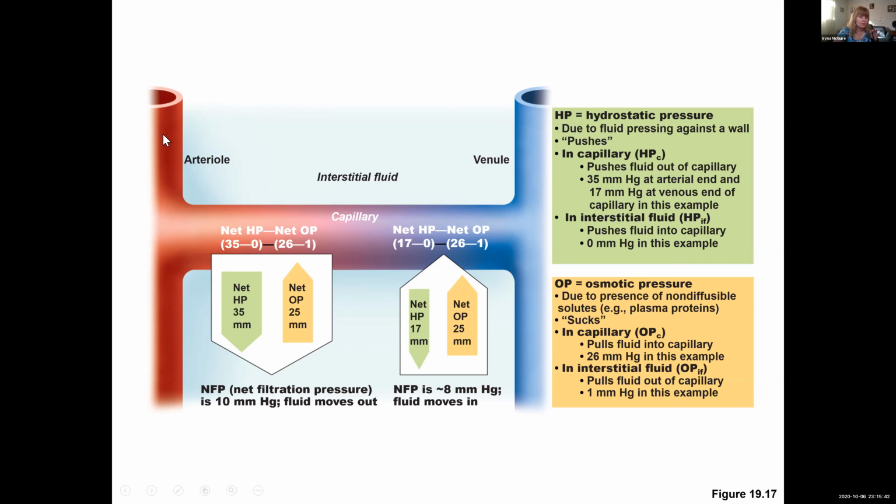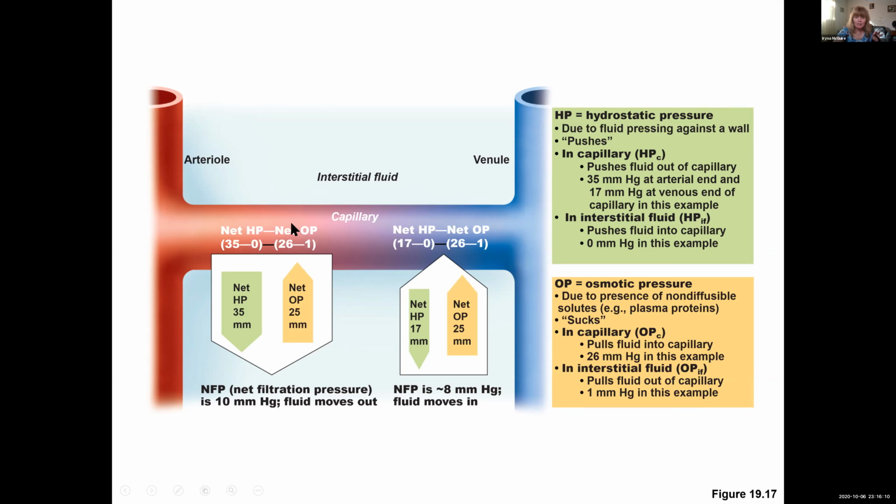Now, in arterioles we have some blood pressure. You start with 120/80 and you go down, down, down. When you get to capillaries, you're up to 35 millimeters mercury, but it's still some blood pressure. Now, inside capillaries, we don't call it blood pressure. We call it hydrostatic pressure. Hydrostatic means pressure of fluid.